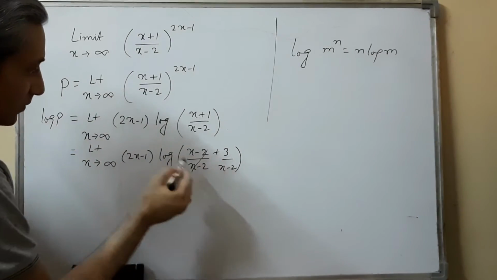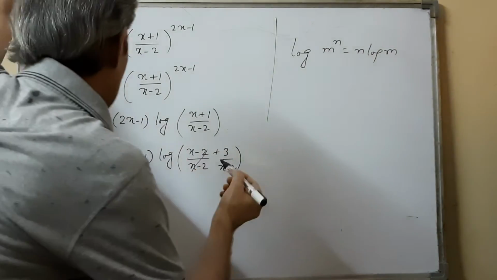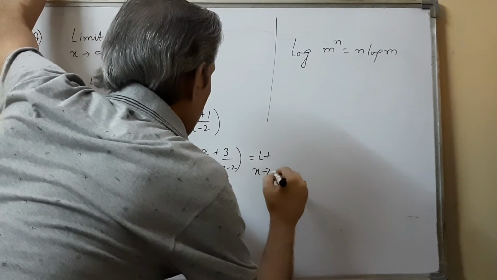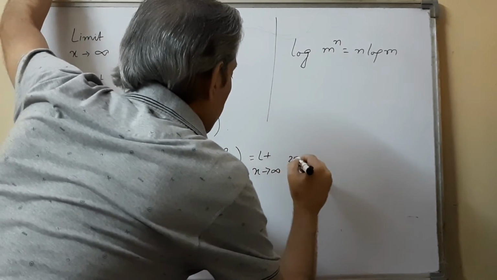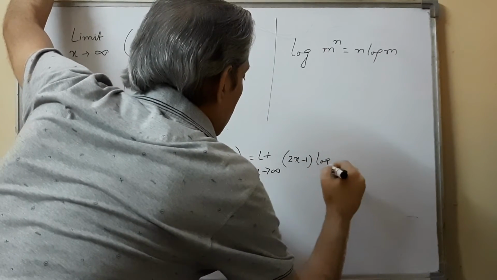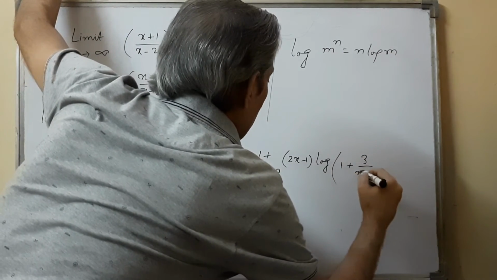Now it cancels out, it becomes 1. So in place of this it becomes log of 1 plus 3 upon x minus 2.